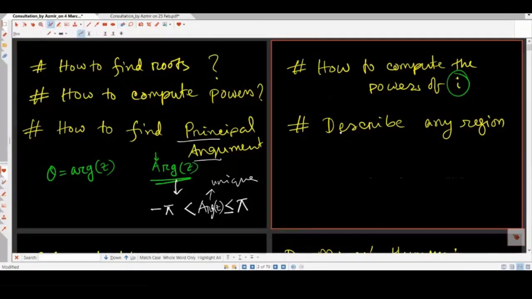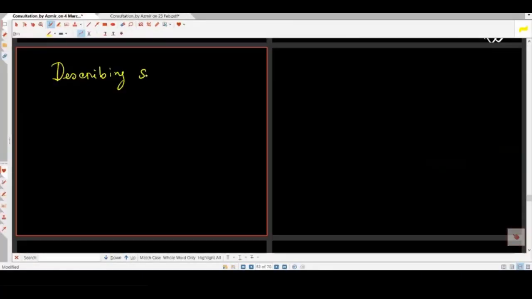Now let's come to the main concept that we have, how to describe any region. Here you will see some inequalities describing sets of points that are in the complex plane.